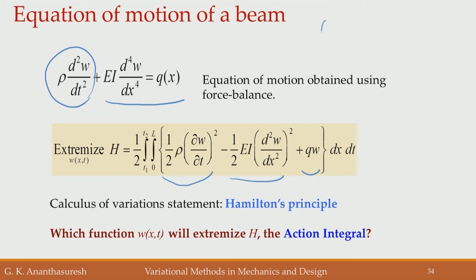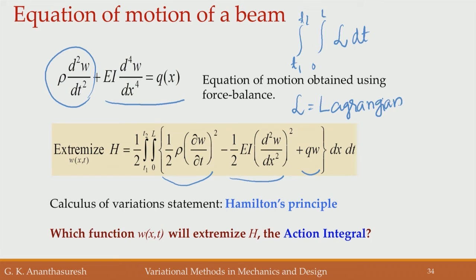So, here what we have inside is 0 to L and T1 to T2. What we have inside actually has a name, called the Lagrangian. This L is called Lagrangian.